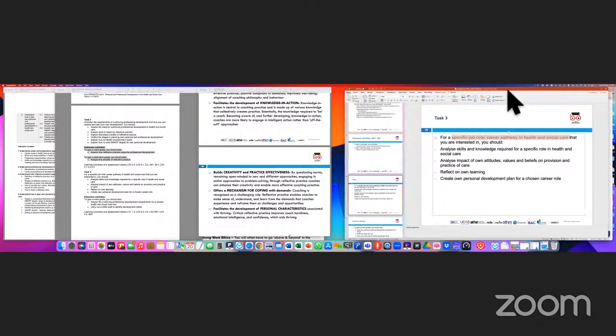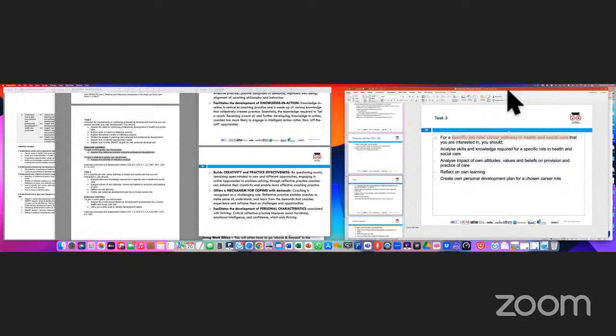I wouldn't want you to talk in general. So it is important for you to talk about a specific role, and that will follow through in the assignment when you present a CPD plan, or do another activity task, which is to look at reflective practice.